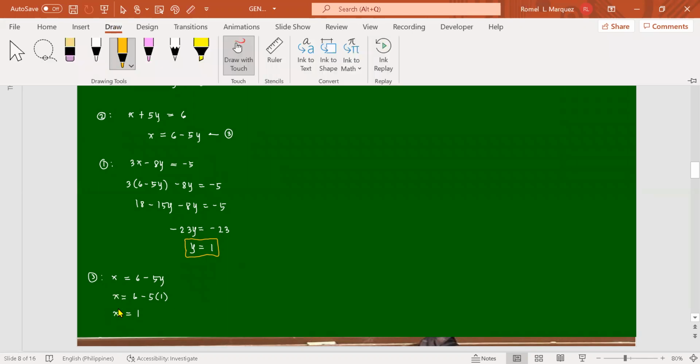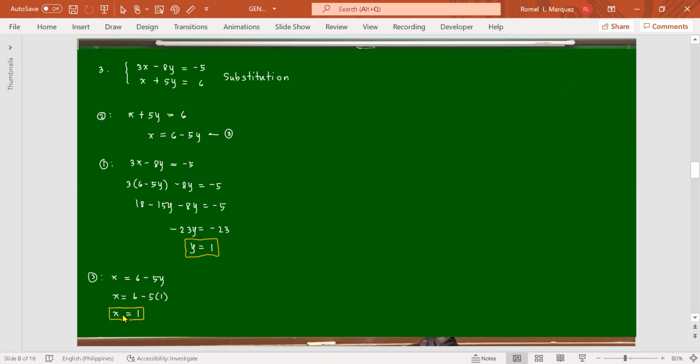That's it. You can check by substituting x and y respectively to the equations. Okay? So in point form, what is the solution? We have 1, 1. Any question with that, children?